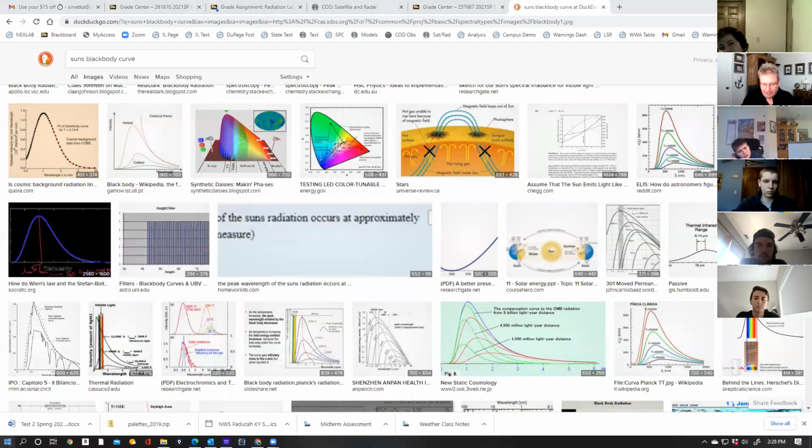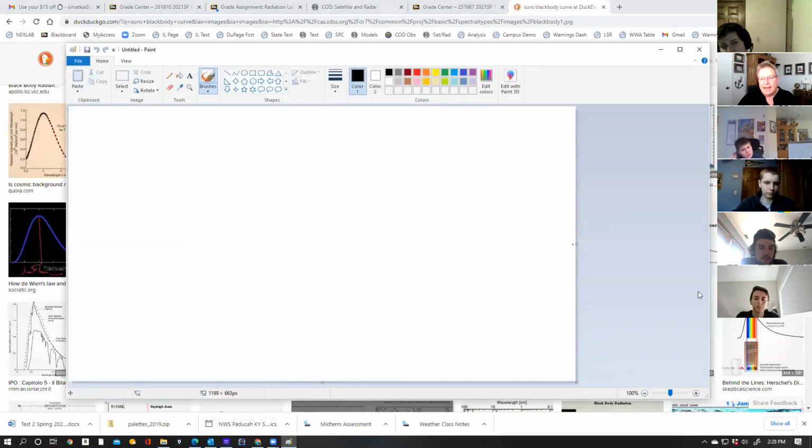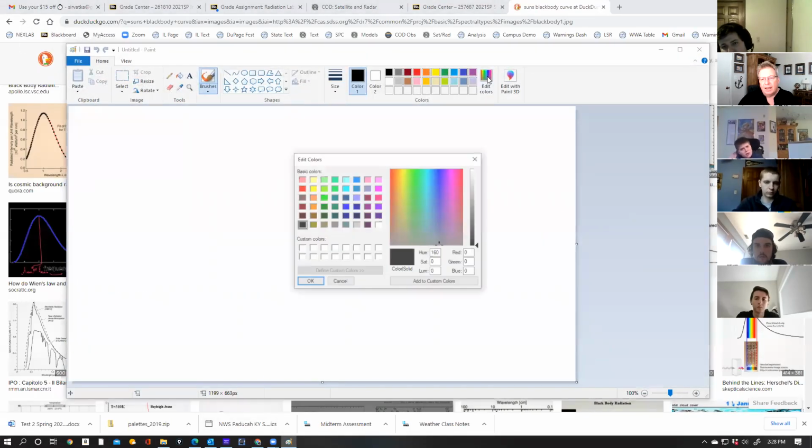Let's do this, paint. So let's edit the color. And I'm getting, let's say for the red, 180. The green is going to be more like 210. And the blue might be more like 220. You're kind of getting more blue, stuff along those lines.